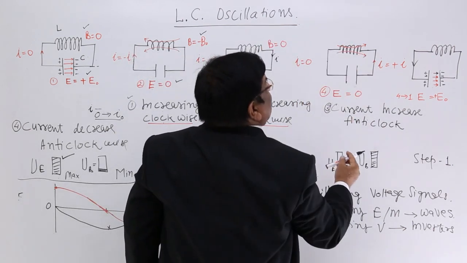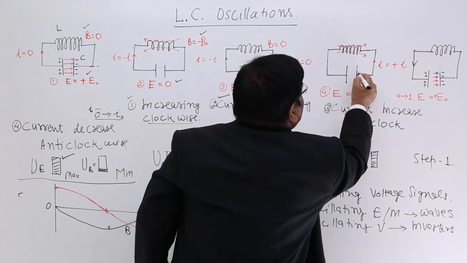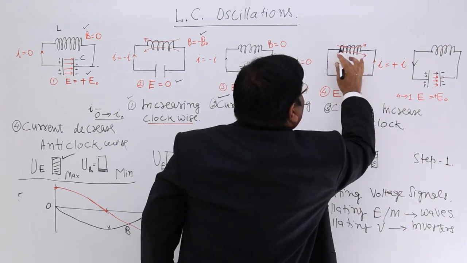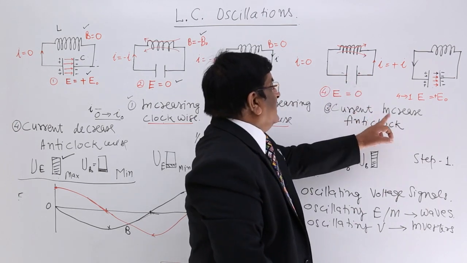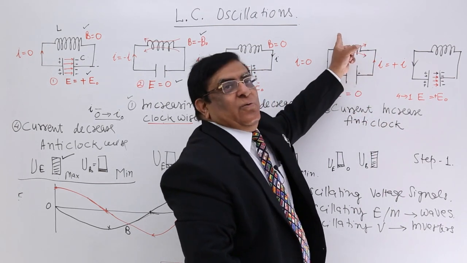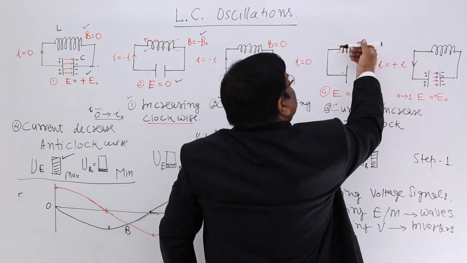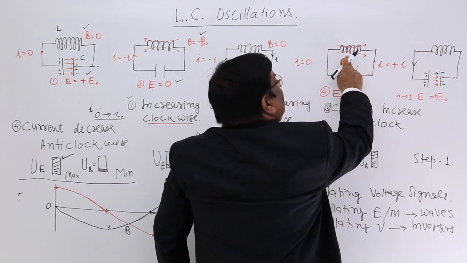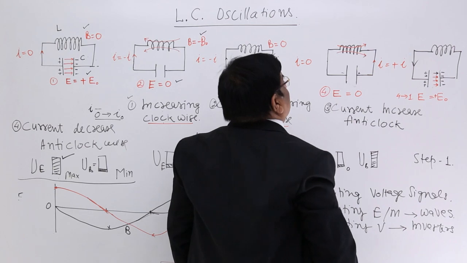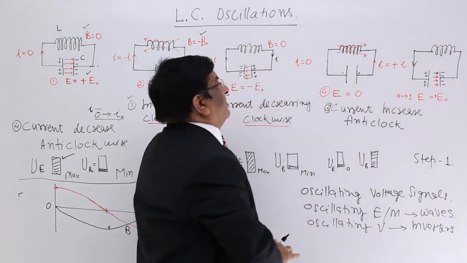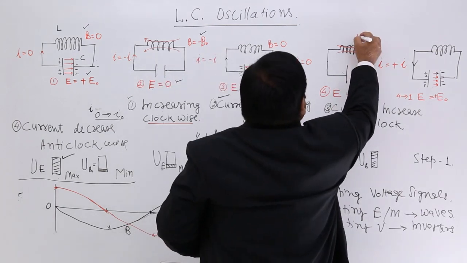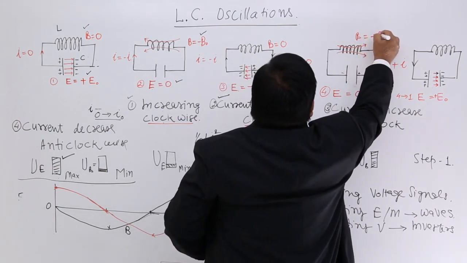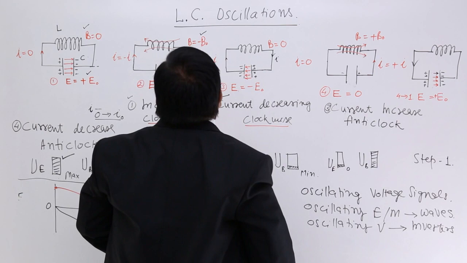Initially, when they have full charges, the current increases. And when the current goes in this direction, what is the nature of the inductor? It will oppose the increasing current. So it makes a magnetic field here, and here we get a magnetic field which is B0.